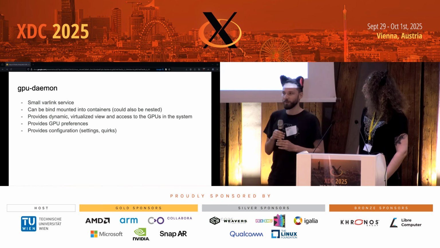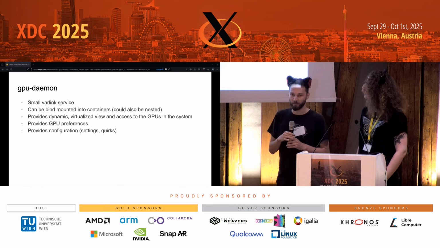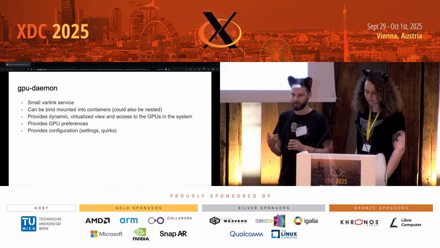The nice part about being just a Unix socket is that if it's on the file system, you just access it, but it also works pretty well with containers, because you can just bind mount it into the container and it will work. And you can even stack it: if you have a container in your container, you can bind mount it into the next container and it will just work. So that's kind of solving the container problem, I guess.